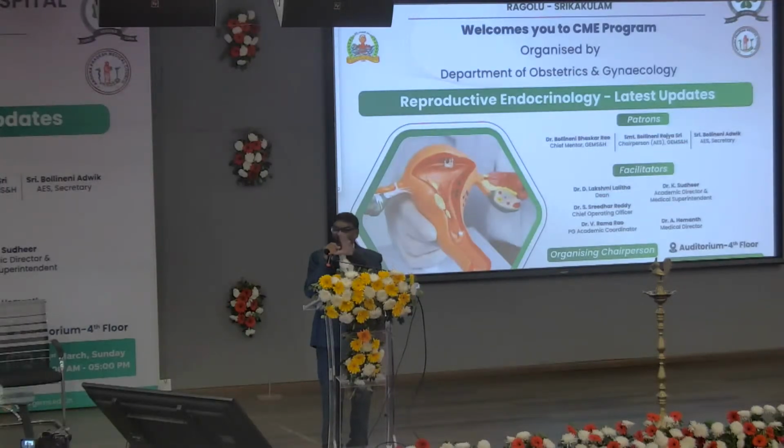Don't think the textbook description of Sheehan syndrome will always be there. Probably it may be a partial Sheehan's. Probably she might have lost a lot of blood which you did not replace. Or the relatives are not even giving water. So Sheehan syndrome is also like that.